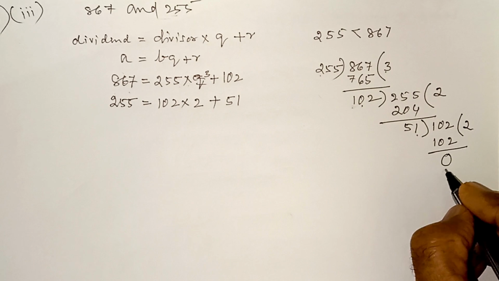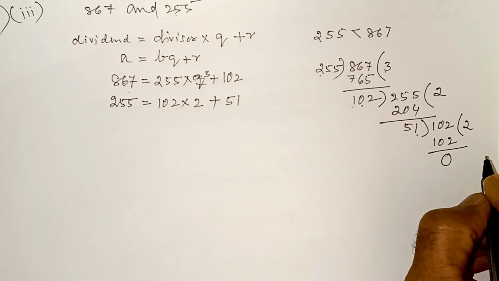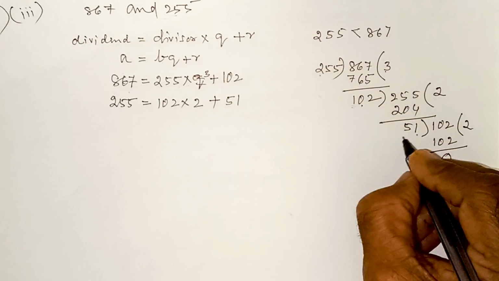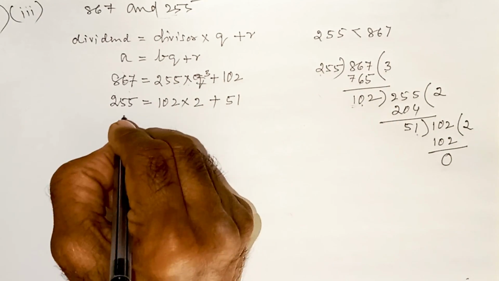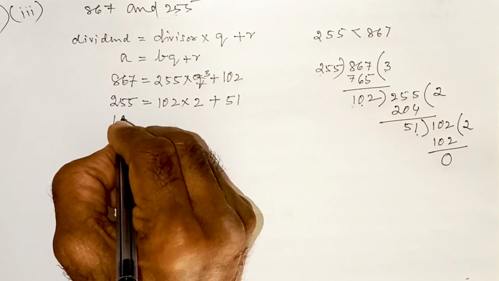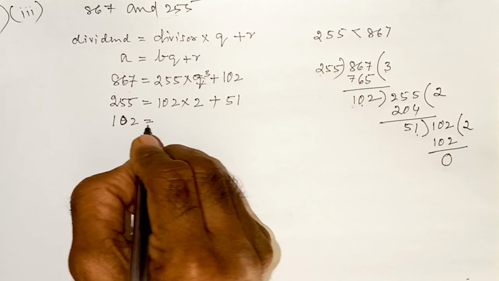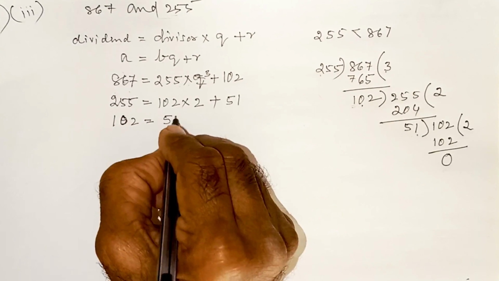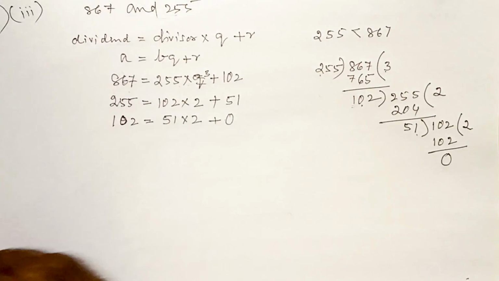When you arrive at 0 as the remainder, we have come to the end of the calculation. And this again we substitute here. We write down here 102, which is the dividend, will be equal to 51 into 2 plus remainder 0.